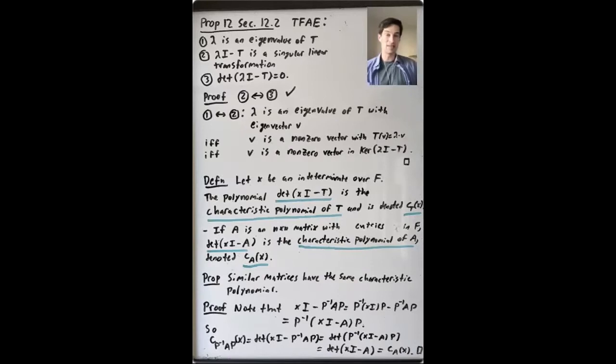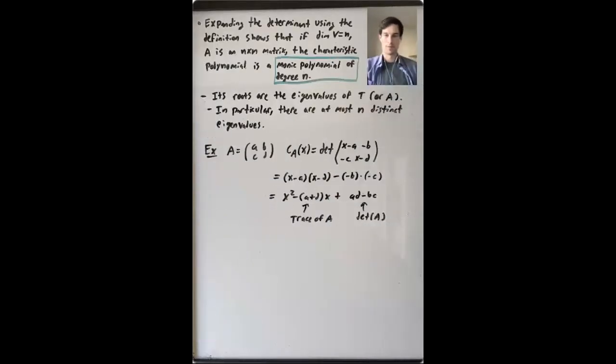All right, so I'll pause and erase, and I'll just say a few last things about the characteristic polynomial before moving on to the minimal polynomial in our next video. If you use the definition of the determinant, expanding it out as this big sum involving the sign of a permutation times products of matrix entries, you'll see that there's really only one way to get all of the x's to occur in one term in that sum.